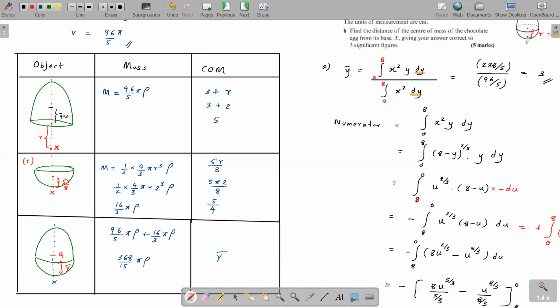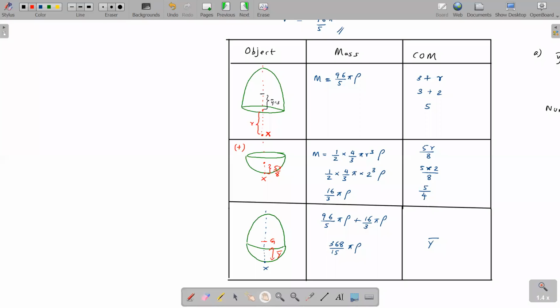All right, guys. The table is made. Now it's time to simplify. So let's multiply. Sigma m i y i equals total mass into y bar. So 96 over 5 times pi rho into 5 plus 16 over 3 pi rho into 5 over 4, right?